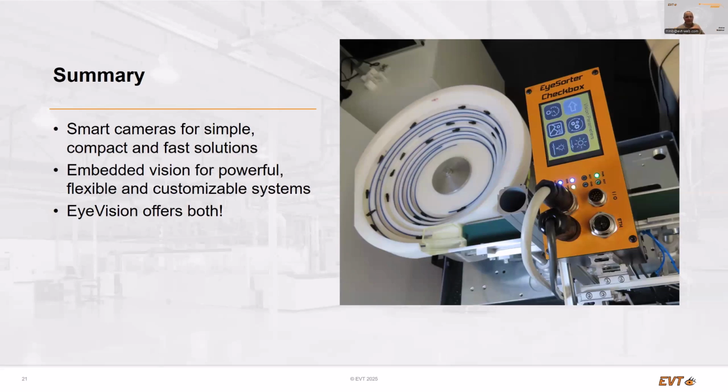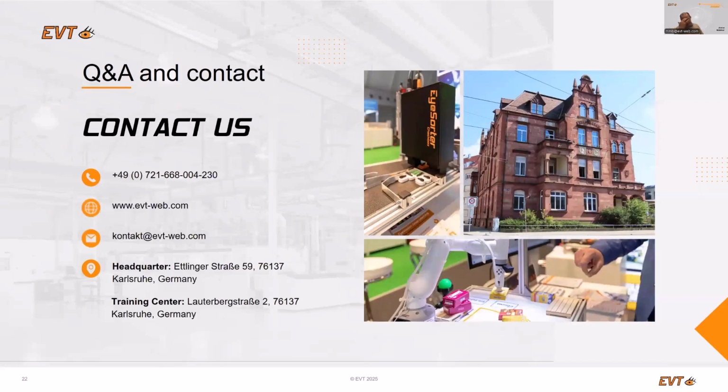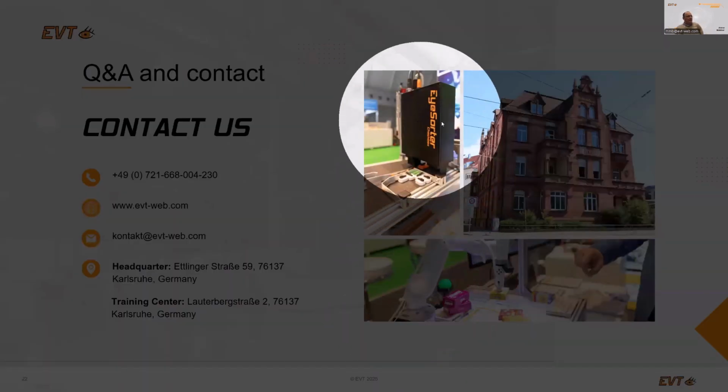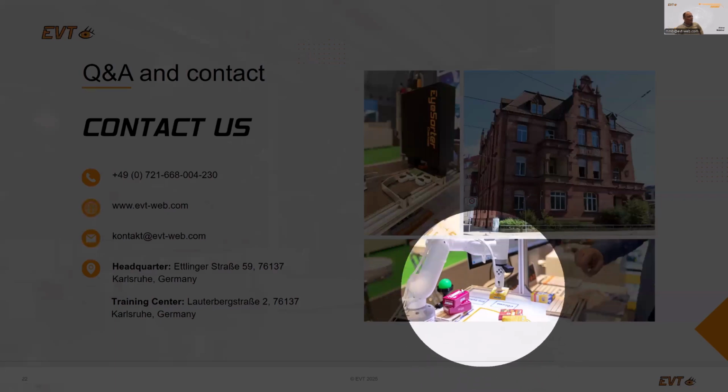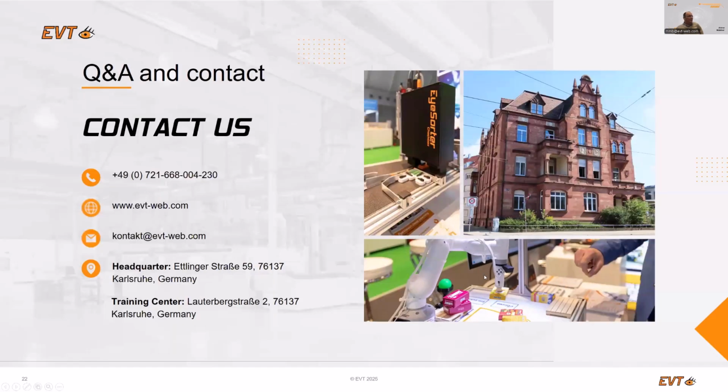Either you have to test it upfront, or of course you are always welcome to contact us, and we can give you some ideas which hardware would fit for which task. So if it's an embedded task like this one or a robot task like this one, we can give you some ideas what options you have and what will help you. So simply feel free to contact us at any time.